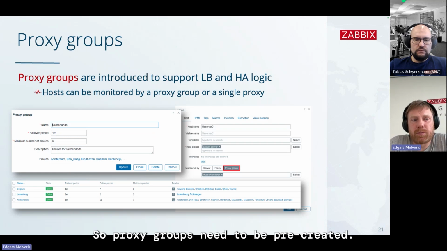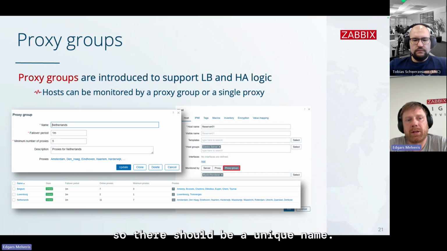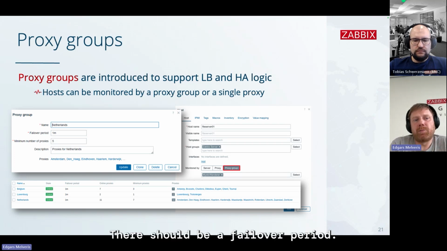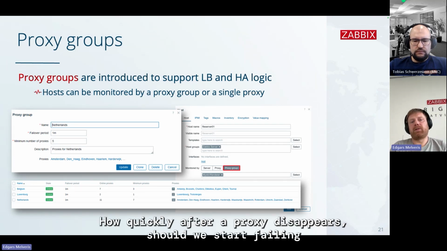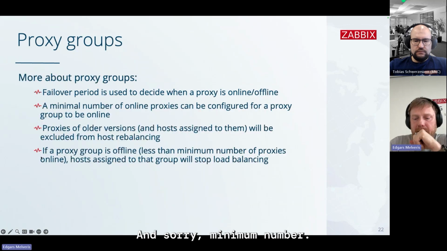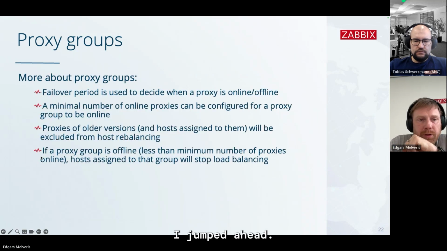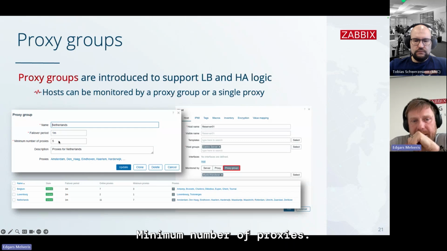Okay, so proxy groups need to be pre-created. There's very little detail you need to provide for them. So there should be a unique name. There should be a failover period. So how quickly after a proxy disappears should we start failing over to other proxies? And a minimum number of proxies.